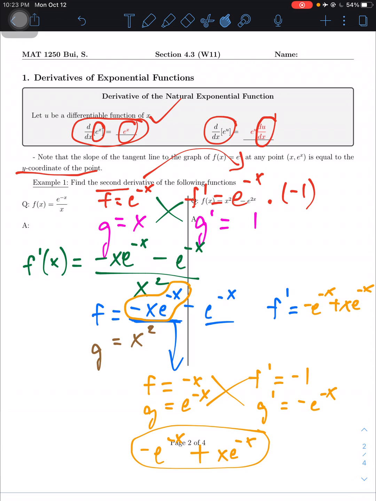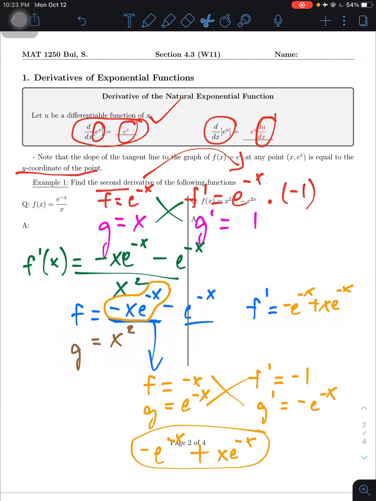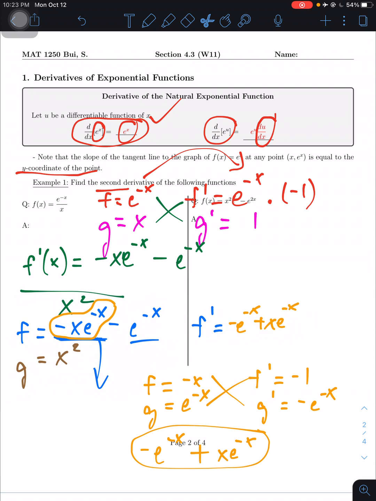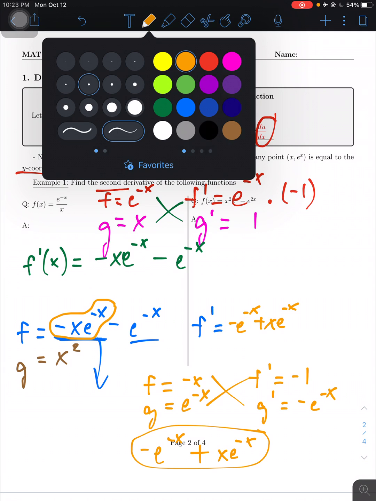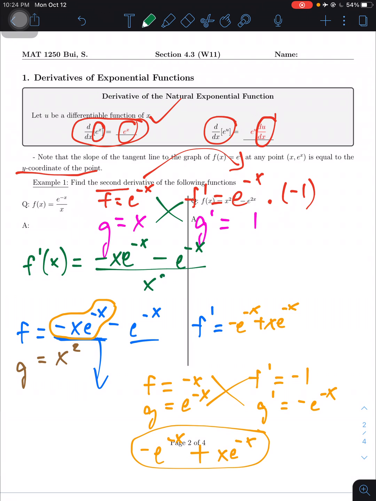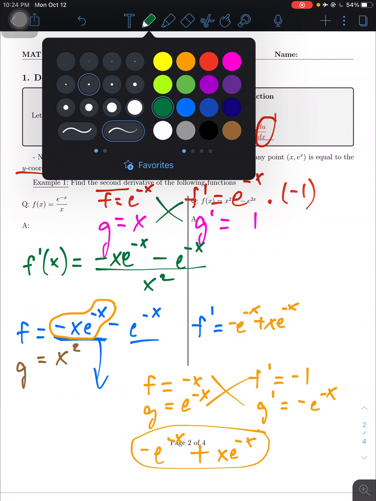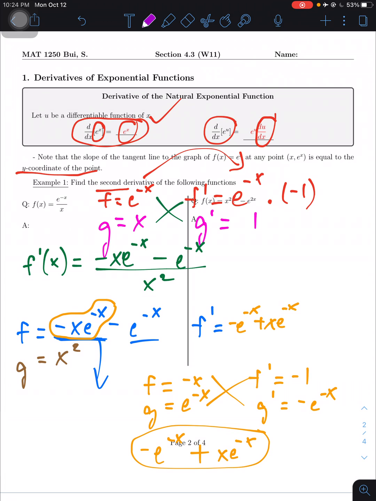term, right? So let me just move this a little bit to the right, like that, so then we have more space for it. Let me get rid of this. Okay, then let me put it in, I'm running out of colors, purple.